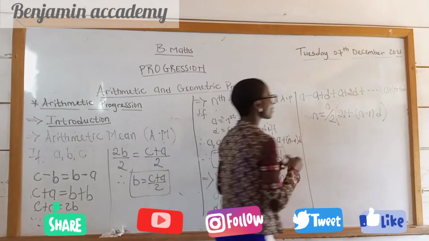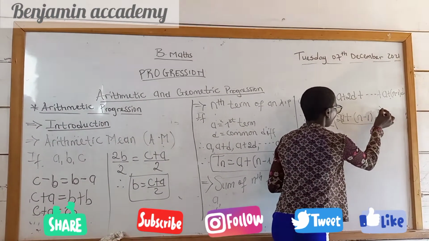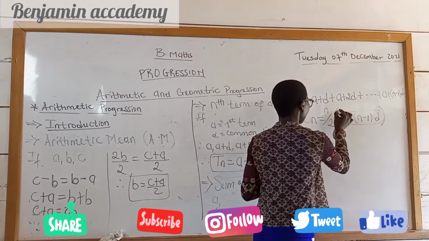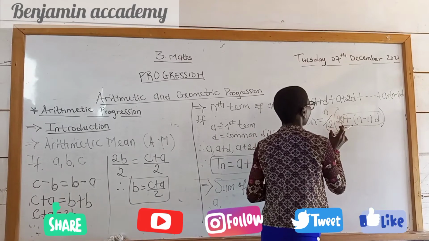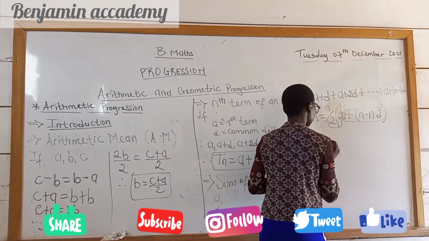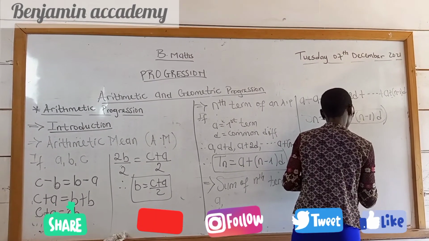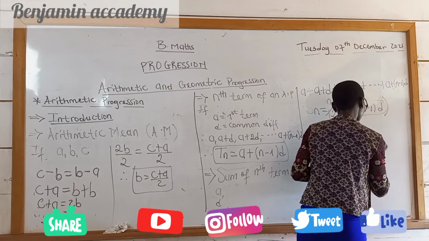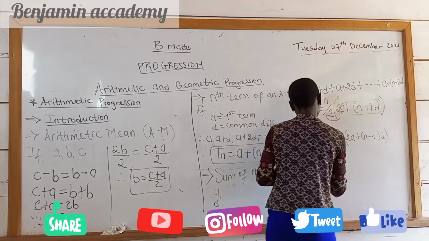That's it. This formula here represents the nth term, and this one is for you to have the sum. When you take these two and you add, you get the sum. It therefore means Sn is equal to n all over 2 bracket open 2a plus (n minus 1)d close.